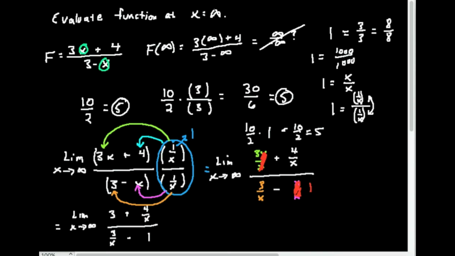So if I ever have something that looks like 3 over x, or 4 over x, and I'm evaluating that at infinity, what is 4 over infinity? It's just 0, right? If I have any number divided by x, and I'm looking at x going to infinity, this is 0, right? Take this for example. Take 4 in your calculator and divide by a 1 followed by a ton of zeros.